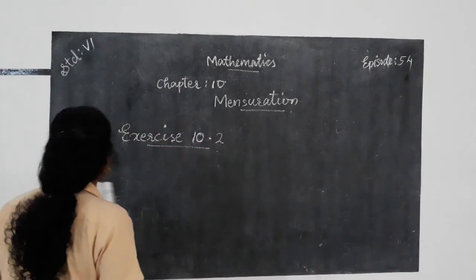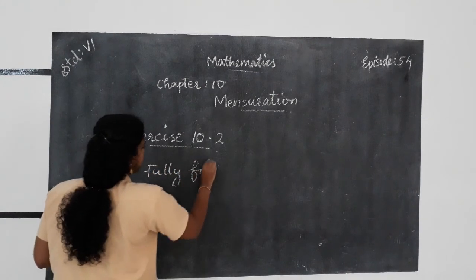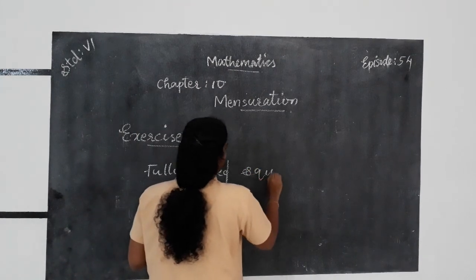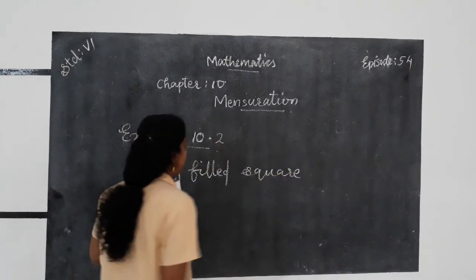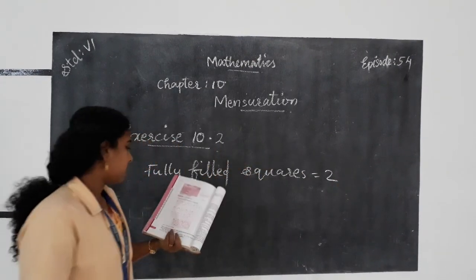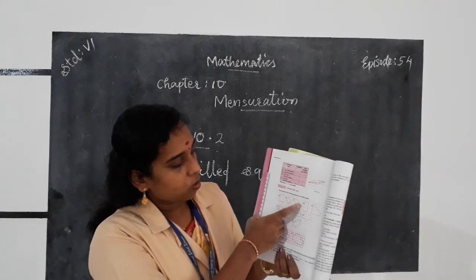So the number of fully filled squares is equal to 2, and there are 1, 2, 3, 4 half filled squares.